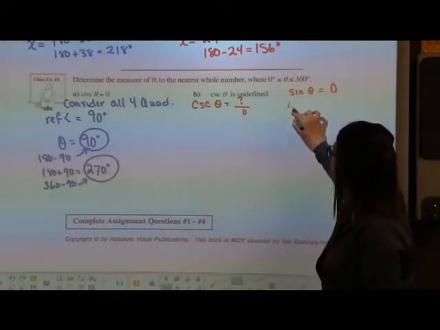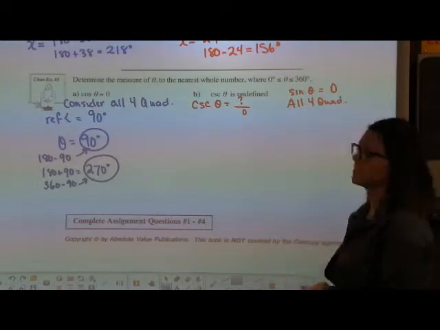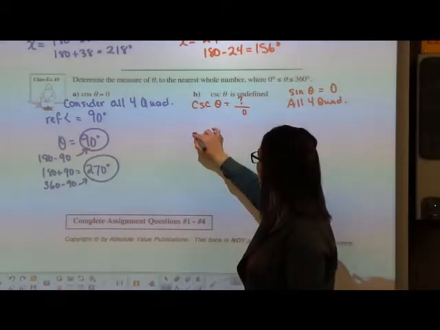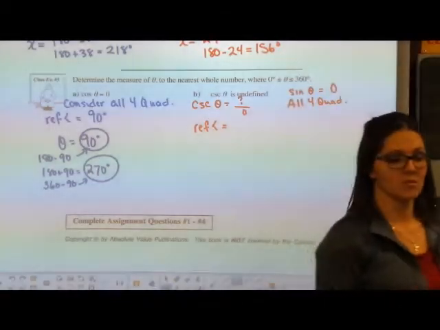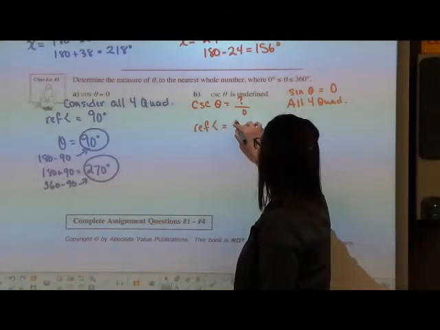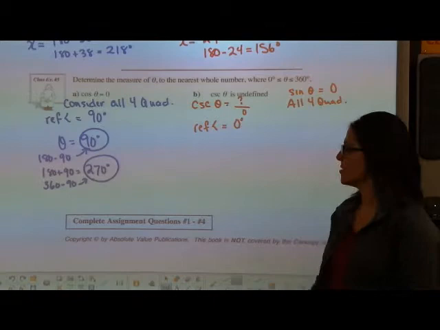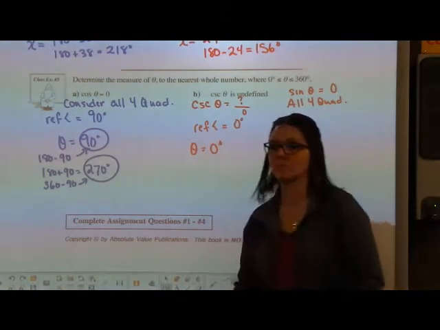Again, I have to consider all 4 quadrants. And now I can determine my reference angle. So sine inverse 0 equals what does it equal, Evan? 0 degrees. So in quadrant 1, that's 0.